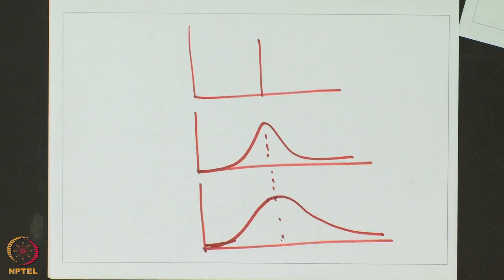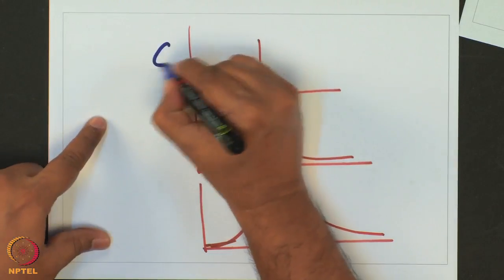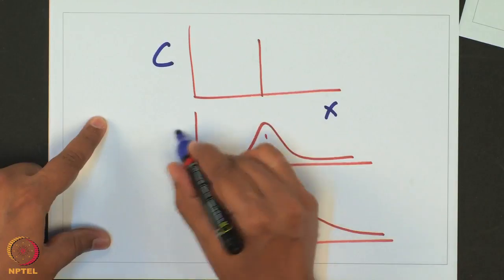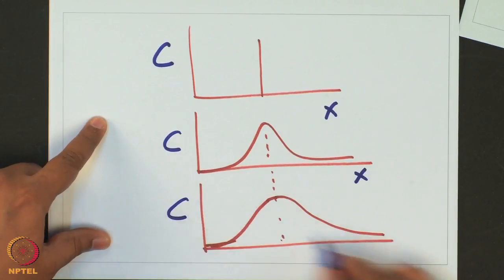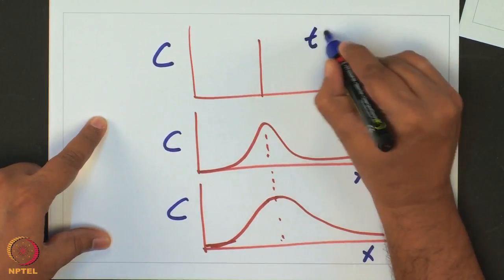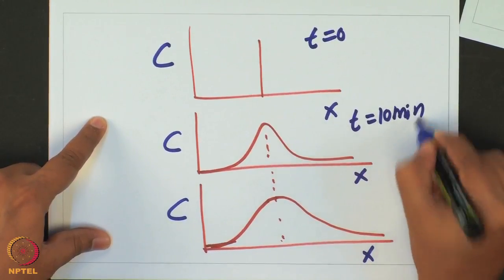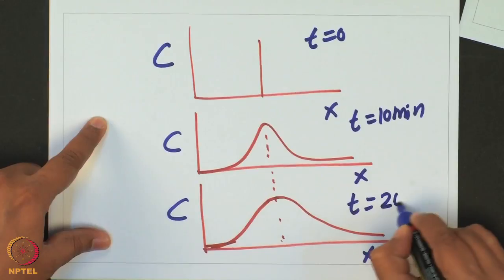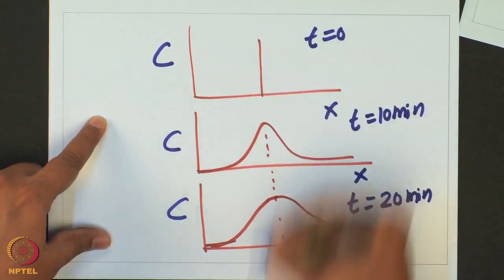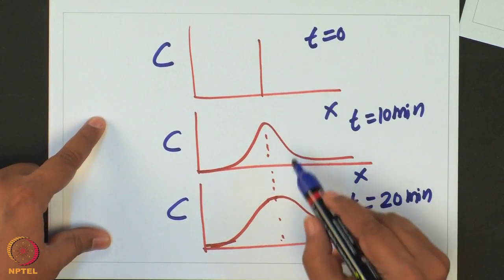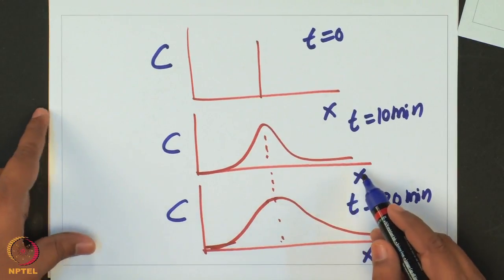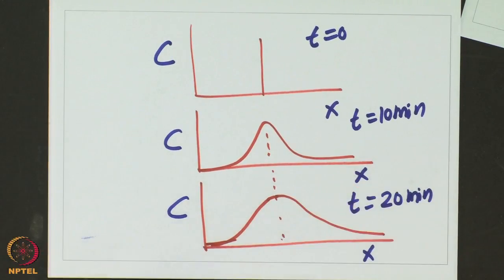So you could imagine concentration versus x, concentration versus x, concentration versus x. This is t equal to 0, this is t equal to 10 minutes, and this is further, like t equal to 20 minutes or 30 minutes. As the time progresses, the concentration would have a functional form something like this, naively speaking.